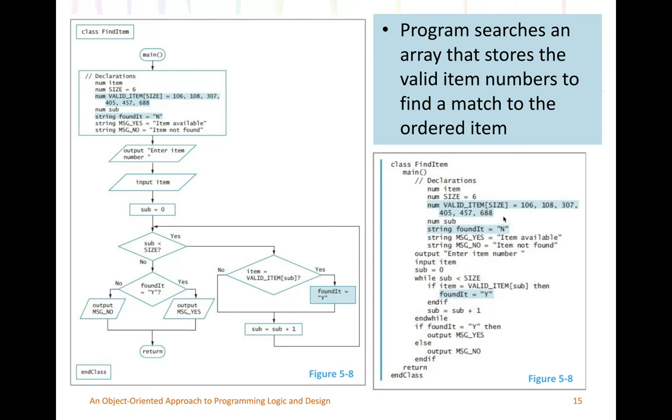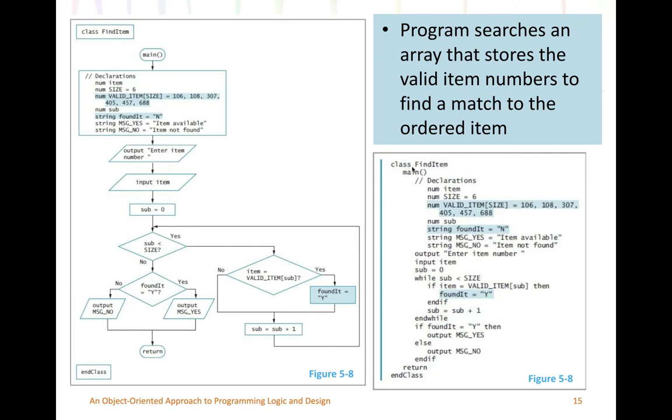Here we have item numbers 106, 108, 307, 405. And right at the top, we're going to put class, and the class name is find item. So this is a class. Remember, in object-oriented programming, we have classes.